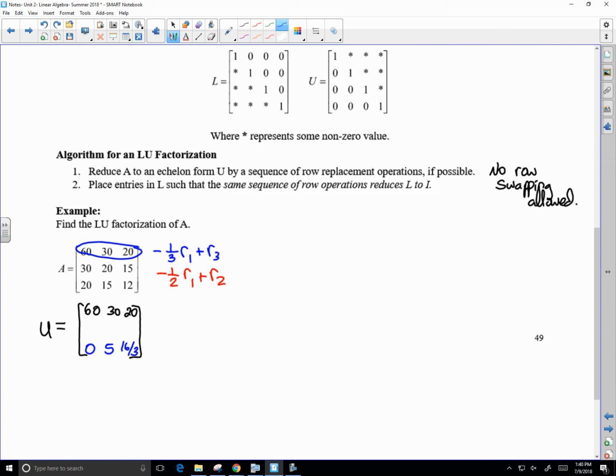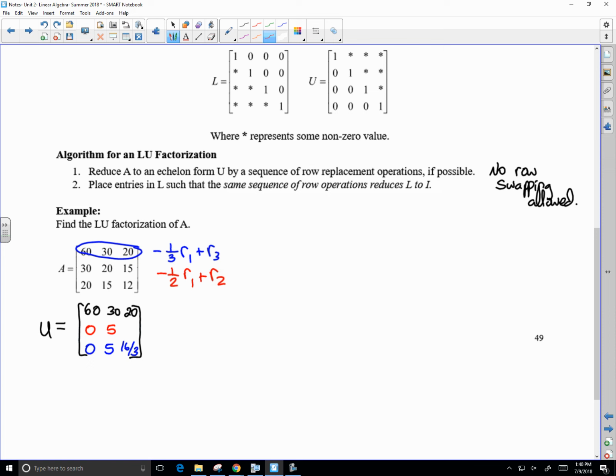I think. All right. Then we have the 0. Negative 15 plus 20 is 5. And then negative 10, that is negative 10, right?